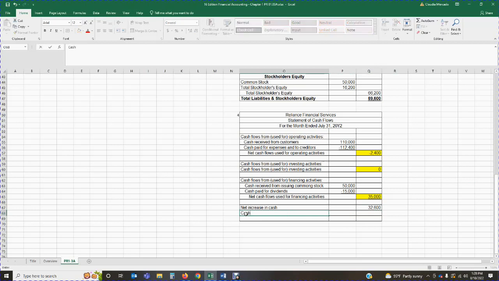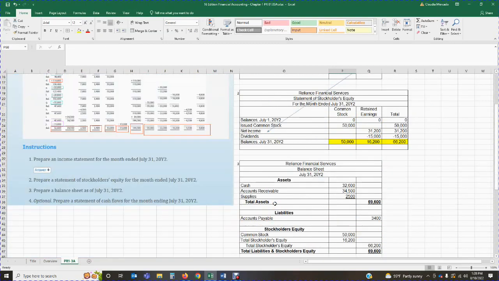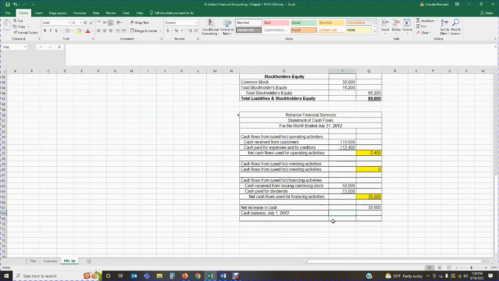So we have our beginning cash balance as of July the 1st. Now remember, this is a brand new business that started on July the 1st. Before any of these transactions took place, did we have any cash available? No, we didn't. We didn't have a cash balance because we didn't have a business.